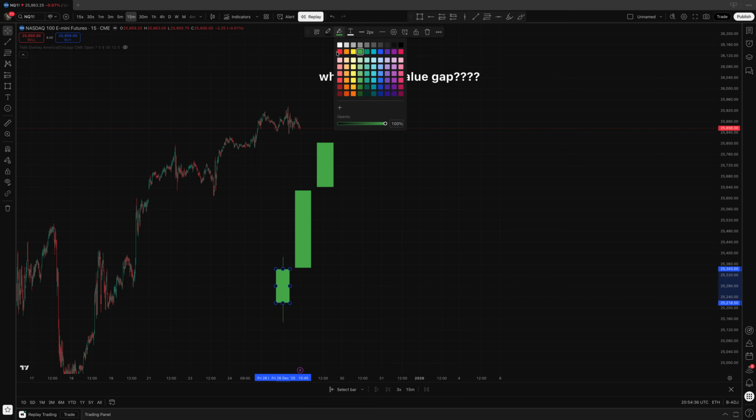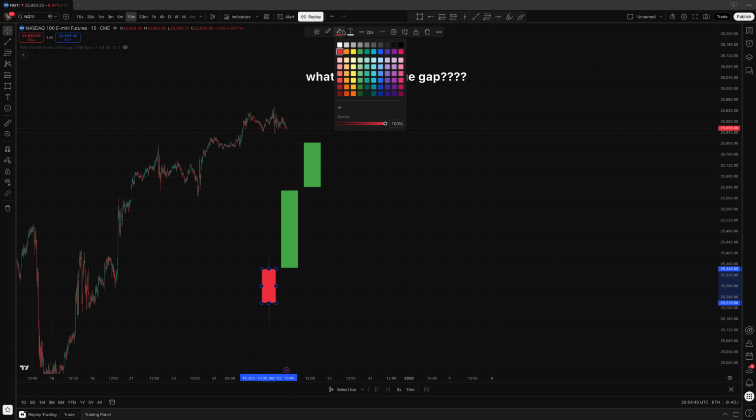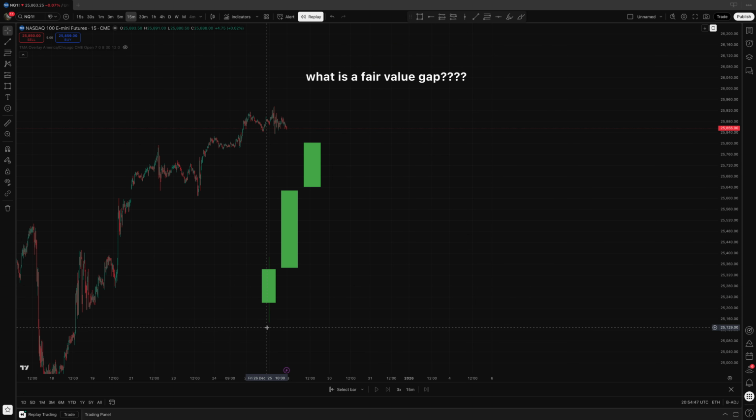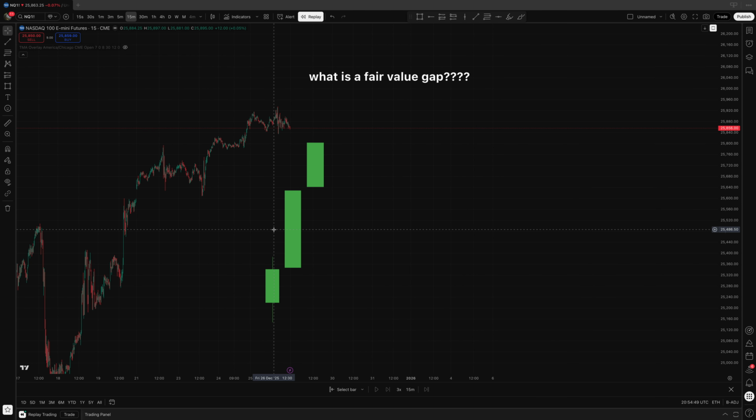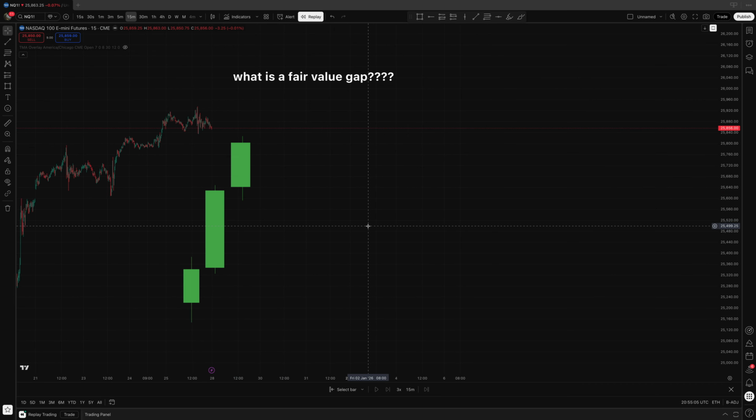So essentially what a fair value gap is, I'm just thinking, no, it has to be green. Okay, it doesn't really matter what color the candlesticks are, but essentially a fair value gap is a 3-candlestick move. And it is just imbalance in the markets.